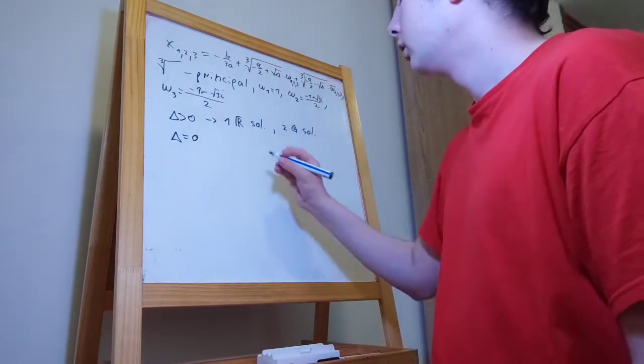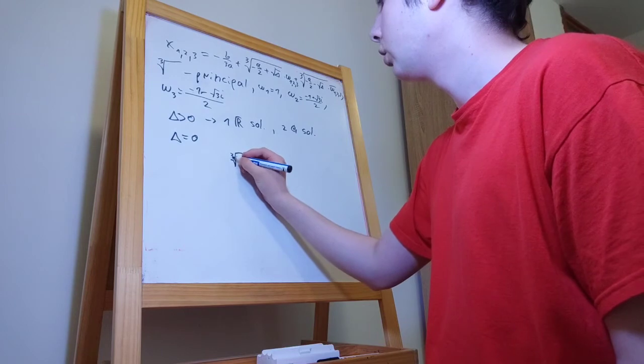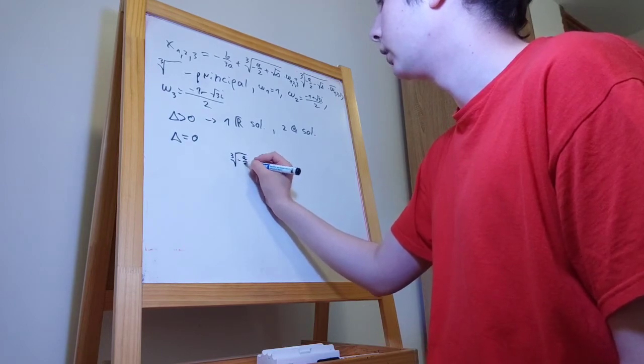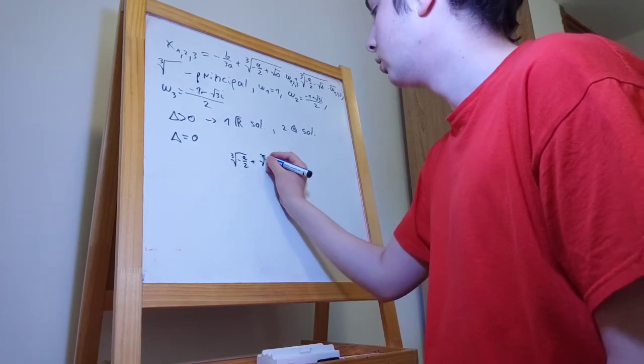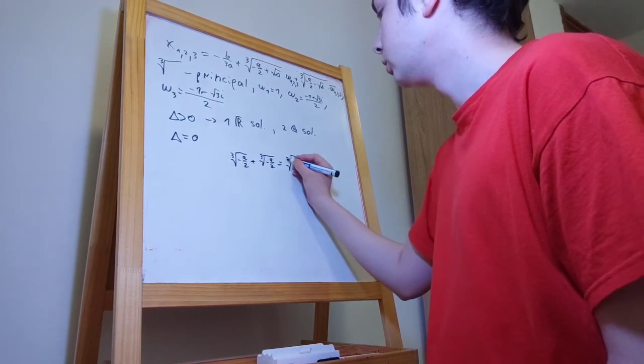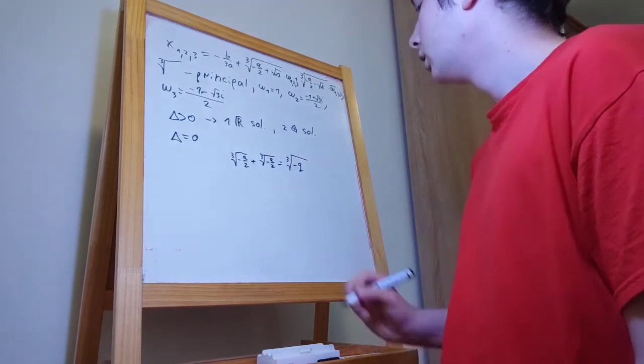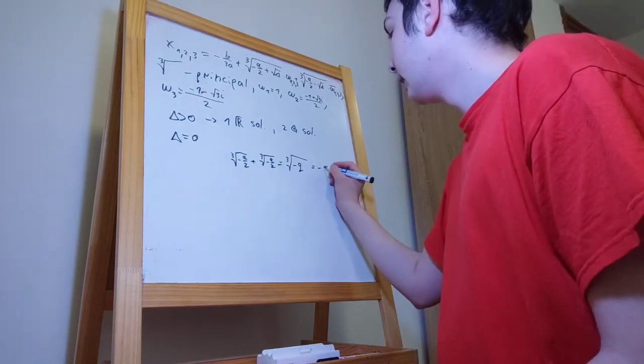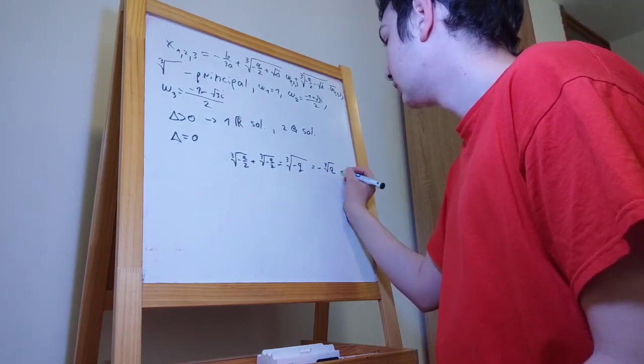Now, if delta is equal to 0, what we end up with is this sum, which is the cube root of minus q over 2 plus the cube root of minus q over 2, that is equal to the cube root of minus q, or rather minus the cube root of q, since q is a real number.